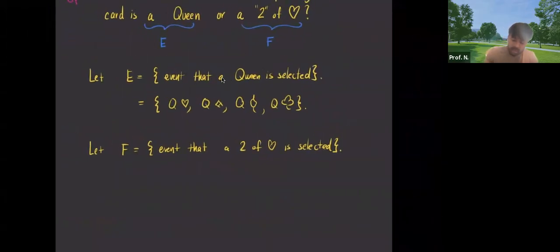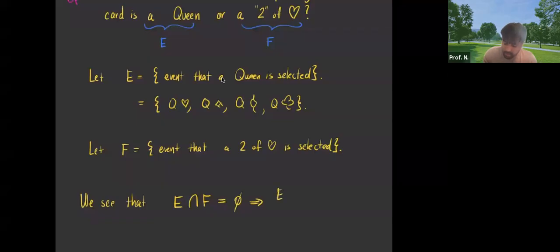We see that the intersection is the null set because there is nothing in common between E and F. Hence they're disjoint. So we can say E and F are mutually exclusive, aka disjoint sets.